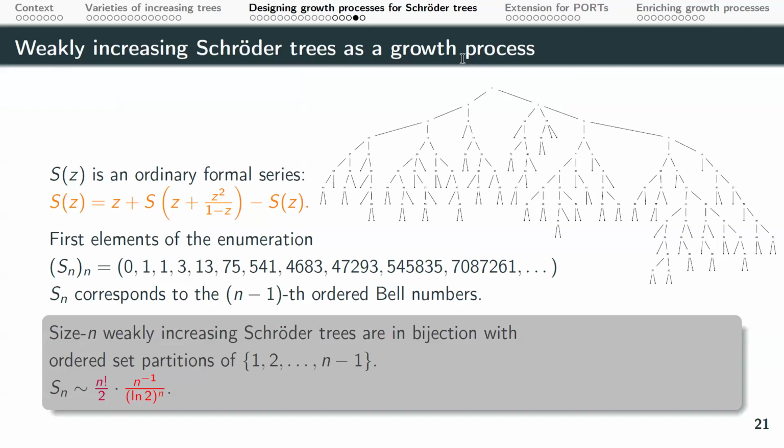And once again, we can specify the process, the iteration, such that a tree is either a leaf or it is a tree that is already built, and inside this tree, the leaves are kept as a leaf or are replaced by a sequence of at least 2 leaves.